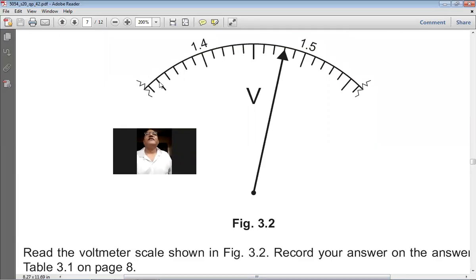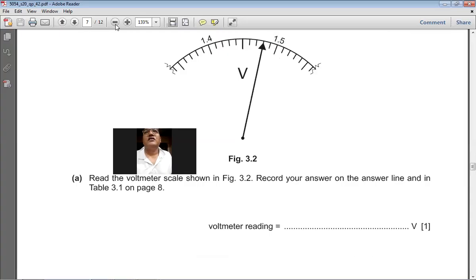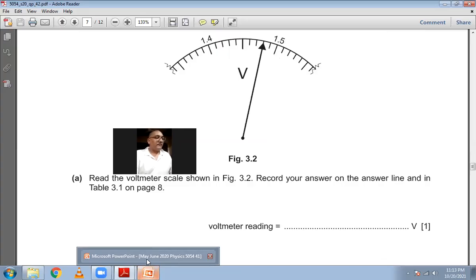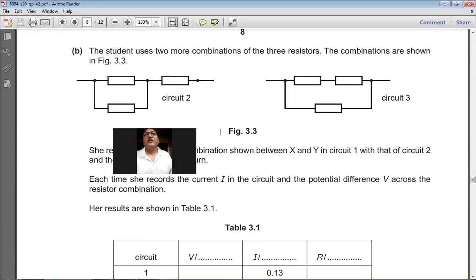This is 1.4, this is 1.5, so this will be 1.41, 1.42, 1.43, 1.44, 1.45, 1.46, 1.47, 1.48. So the reading is 1.48 volt. Here you write 1.48 volt. Very simple question. So we are done with this.